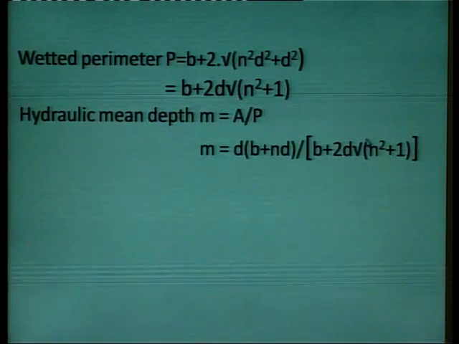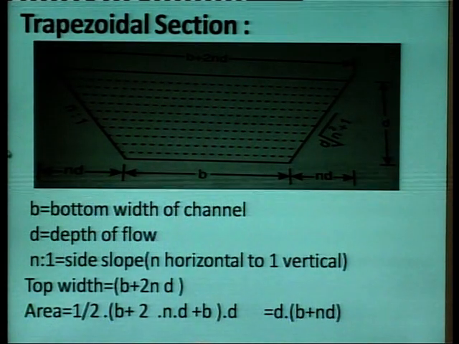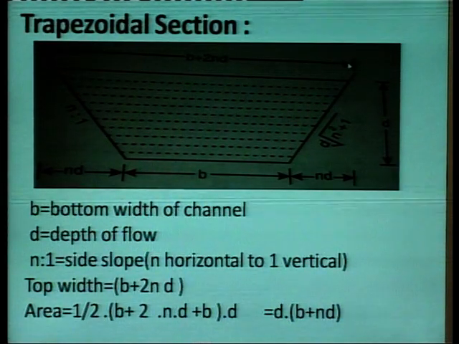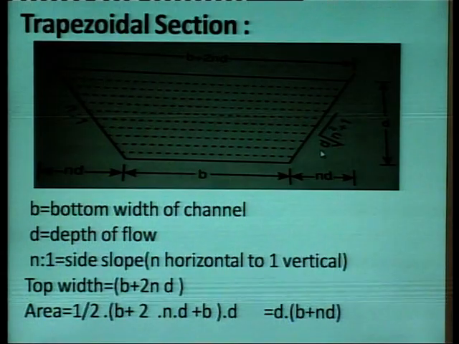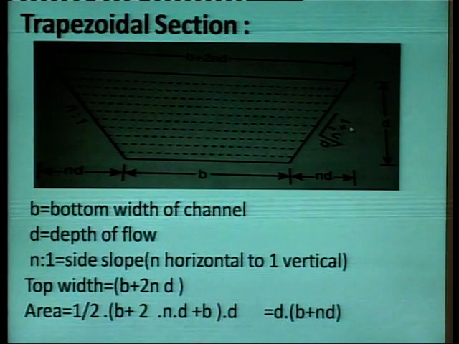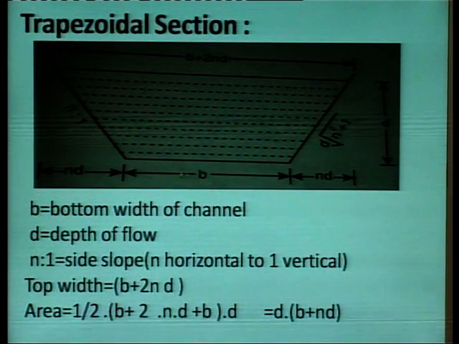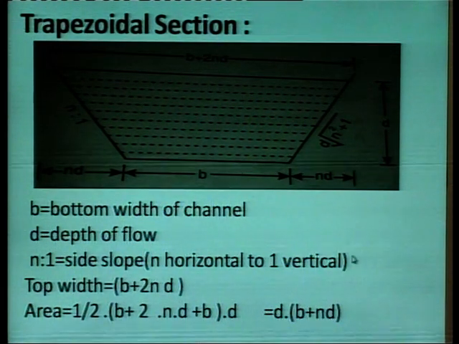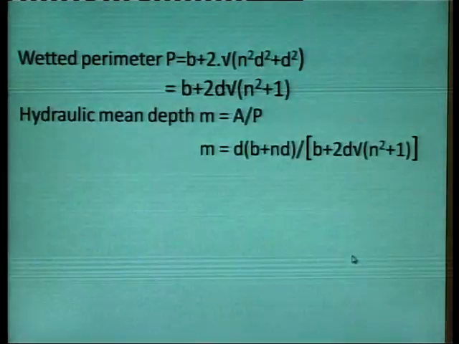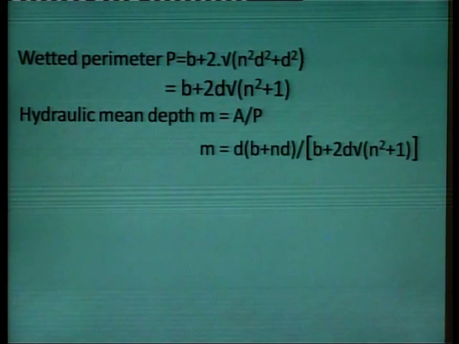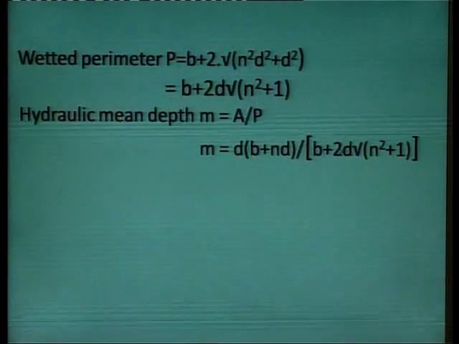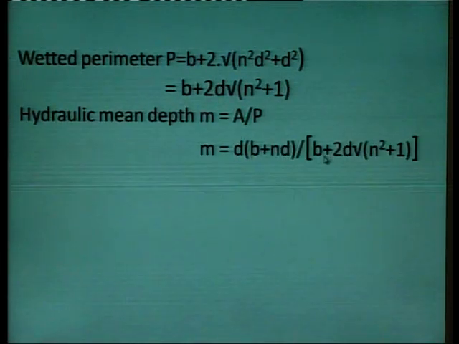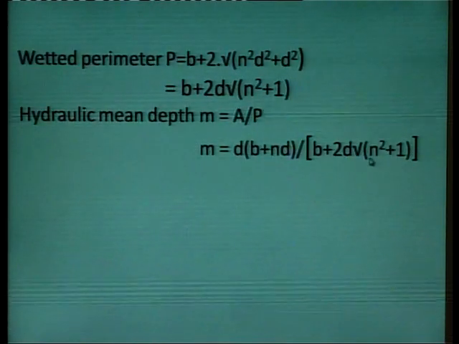The wetted perimeter which we have taken is this one plus this one plus this one. So this is 2d times the square root of n square plus 1, plus b, and the area is equal to d multiplied by b plus nd. So this is the value. So this hydraulic mean depth for the trapezoidal section comes out to be the area of the flow over the wetted perimeter.